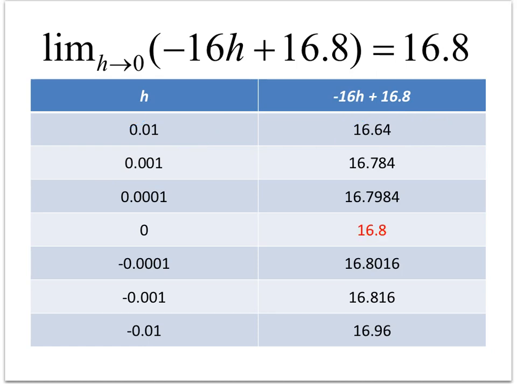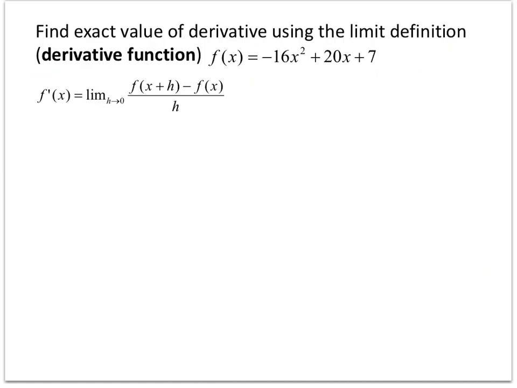If I went even smaller, what you would end up seeing is this would start getting more zeros out here, and eventually you're going to this value of 16.8. Again, you could call it the limiting value. And in our example, that 16.8 is the slope. I mean, it's the rate of change of this ball.